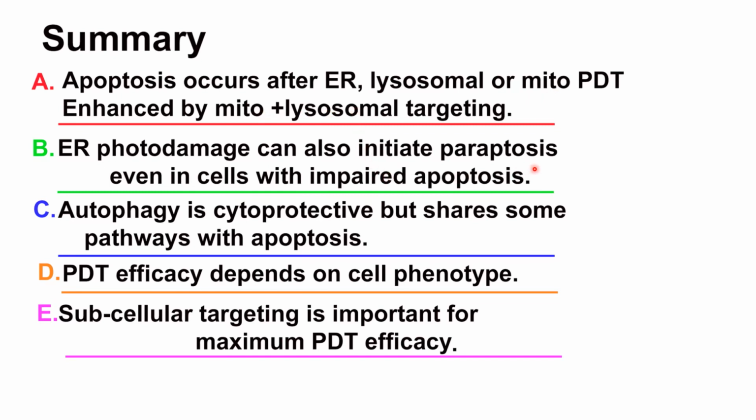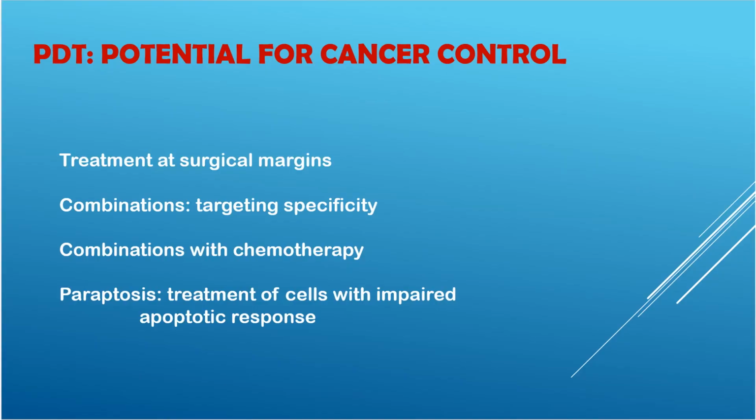ER photodamage can also initiate apoptosis, and this is very important when we're treating cells that often occur in tumors that have an impaired apoptotic pathway. Autophagy is cytoprotective, but shares some pathways with apoptosis, as we've seen. The PDT efficacy therefore depends on the cell phenotype, and subcellular targeting is very important for maximum PDT efficacy.